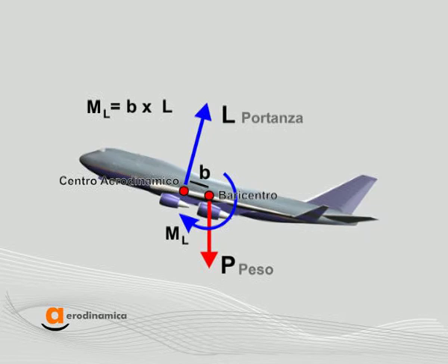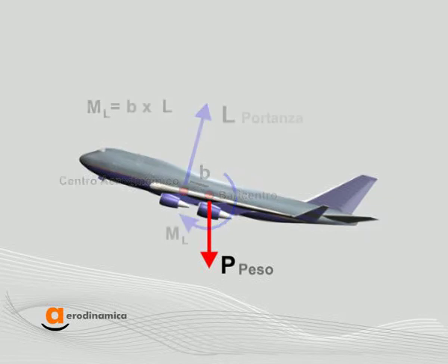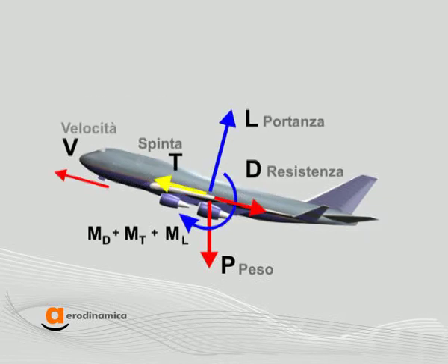Since the aerodynamic center does not coincide with the gravity center, a moment m arises. The moment is given by the lift force multiplied by an arm b, which is the distance between the aerodynamic center and the center of gravity.